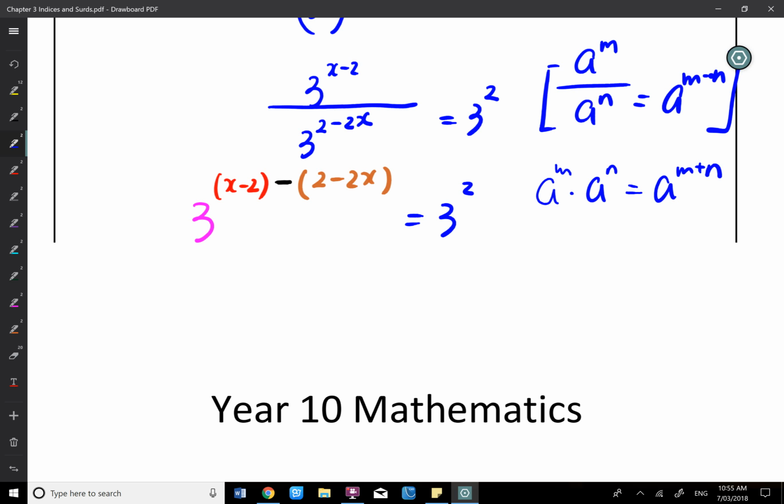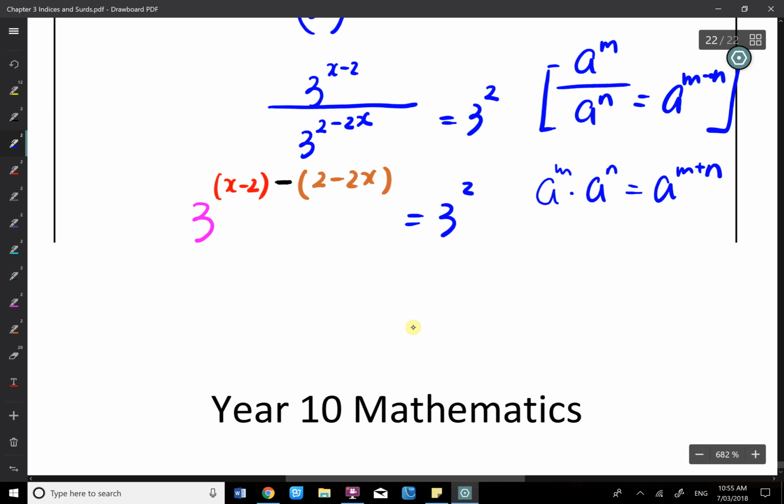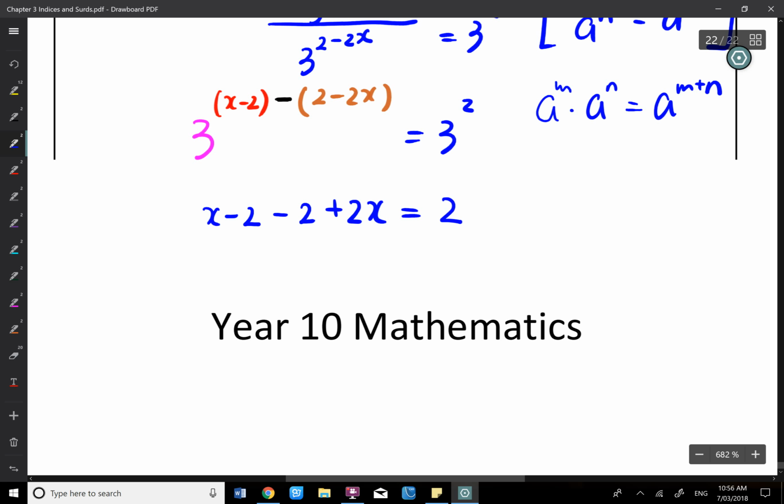You need to use one power, subtract the whole thing for the other power. So you need to have the bracket there. So why do I need the bracket? x minus 2 and then plus 2x equals to 2. When I expand the bracket, that will become a positive. So 3x equals to 6 and x equals to 2. x will be 2 in this case.